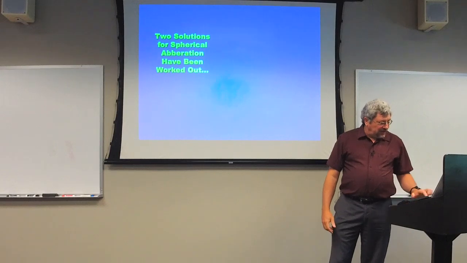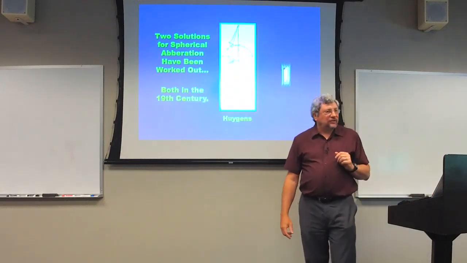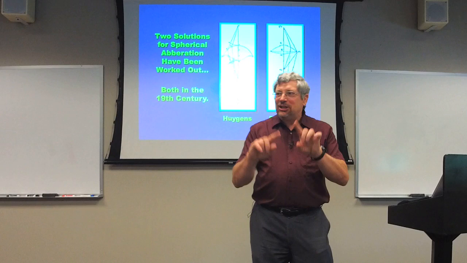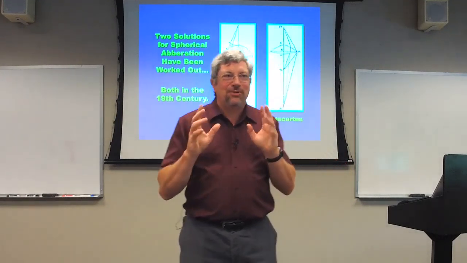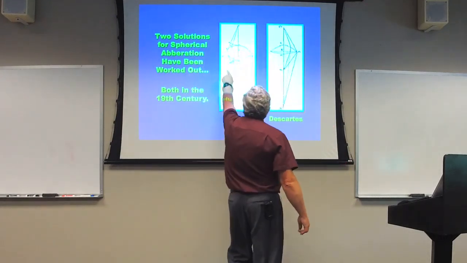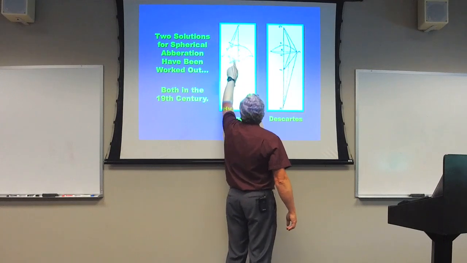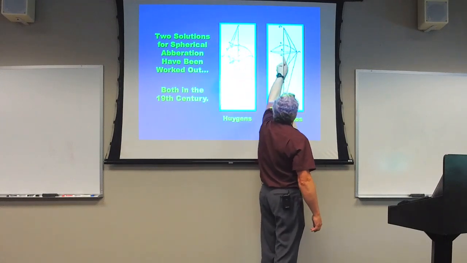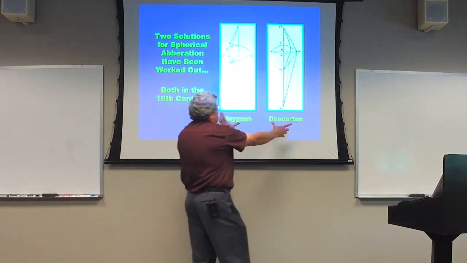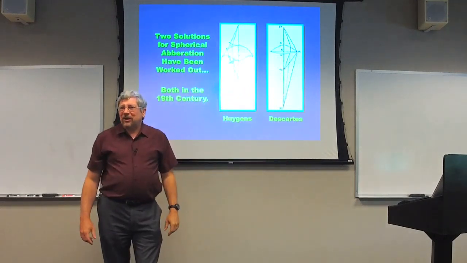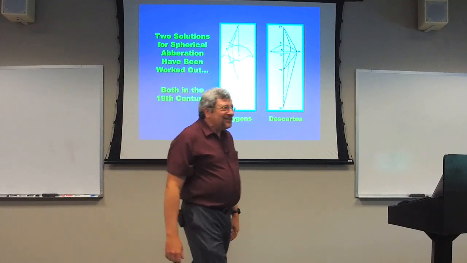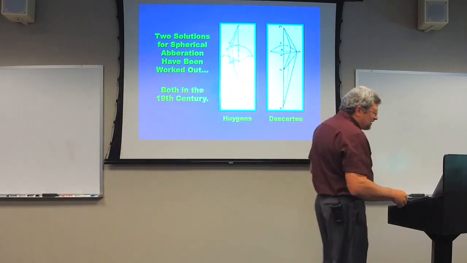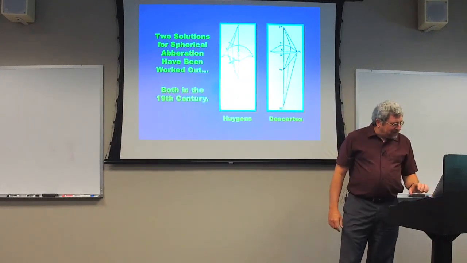There are ways, however. We've found two solutions to solving that, in creating the lens in a particular, bizarre shape. There are two different shapes that have been found. A surface which is somewhat sinusoidal here, and a very much different surface. They were discovered respectively by two 17th century scientists, Huygens and Descartes.